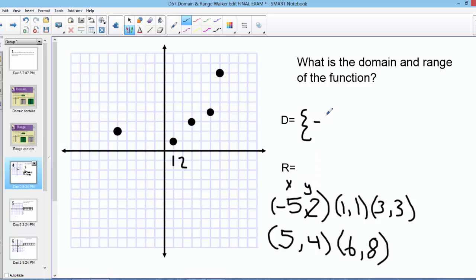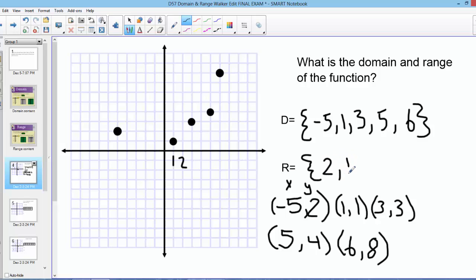So we're going to have -5, 1, 3, 5, and 6. And then for our range, we're going to have 2, 1, 3, 4, and 8.